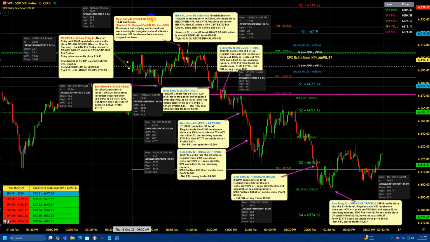On the other hand, you have regular trades. Regular trades require a minimum 1.5 level move as a minimum target to either close out 100% of your contracts or to scale out 70 to 90% of your contracts if you're trading multiple contracts, and then adjusting your stop loss to break even, at which point you are changing from level-based stop loss to price-based stop loss, which we'll get to in a second.